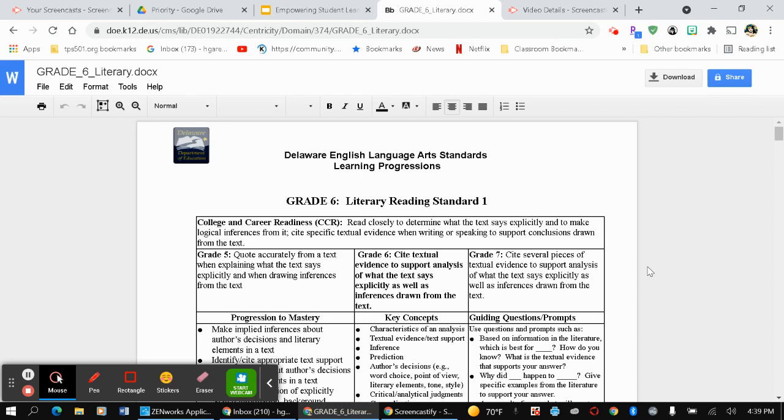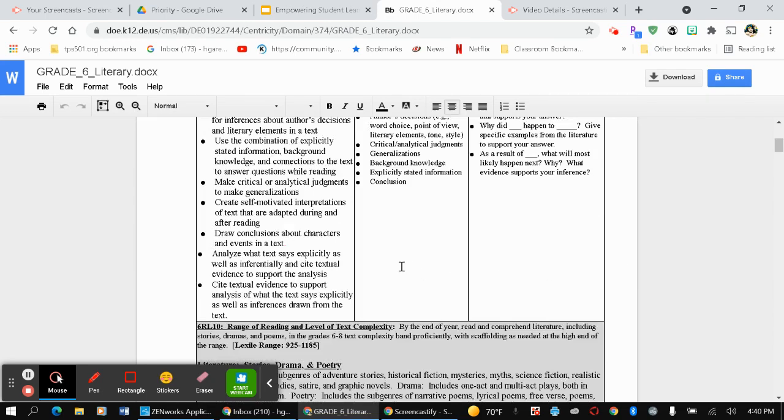Grade 6 is in bold to show us that's where we are now. And grade 7 will be how, in the future, students need to be able to address that standard. Here are the learning progressions. They have taken it down to the skills that students need to have and be able to do in order to achieve mastery of that standard. So that's an example.